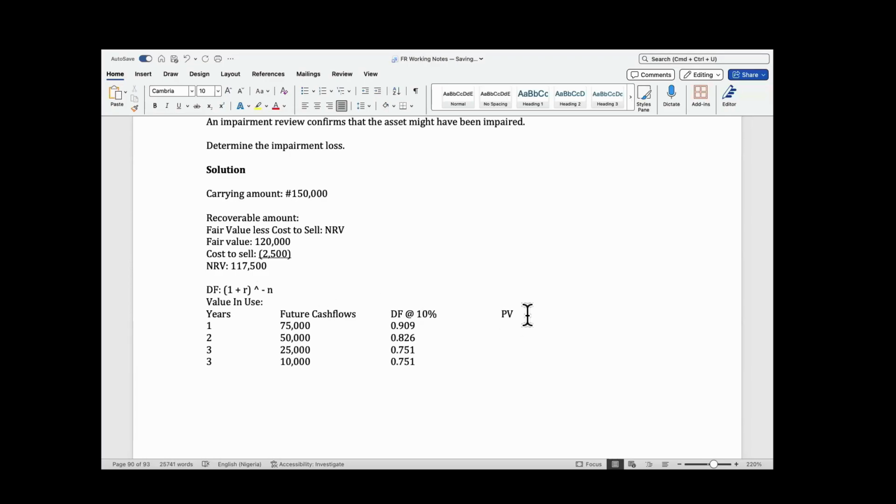Okay, so what's the multiplication? 75,000 multiplied by 0.909 is 68,175.